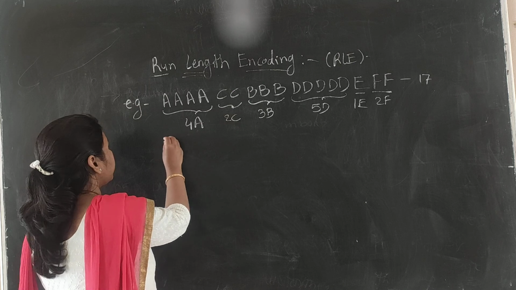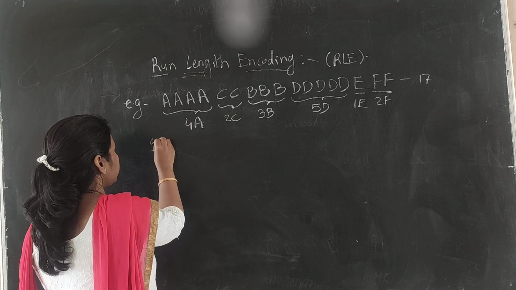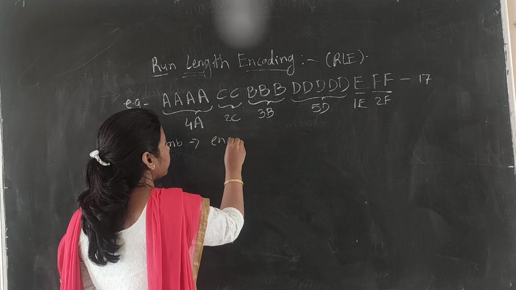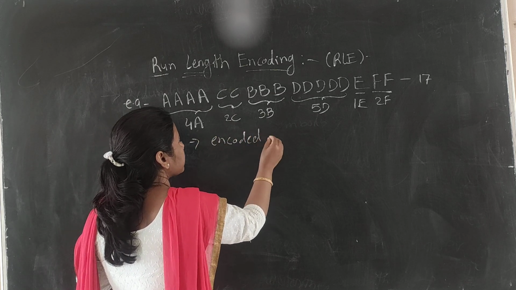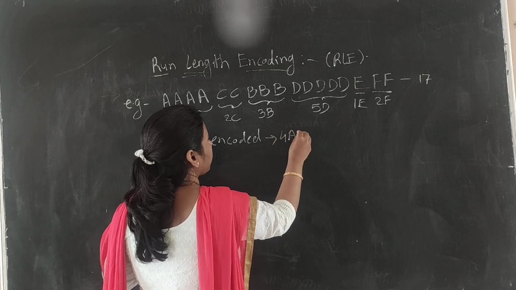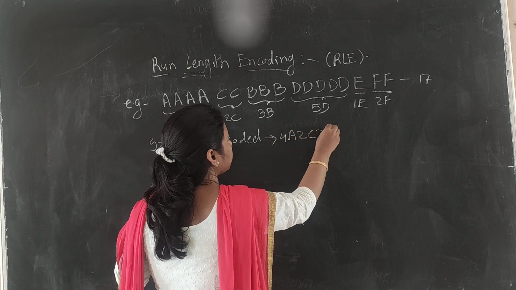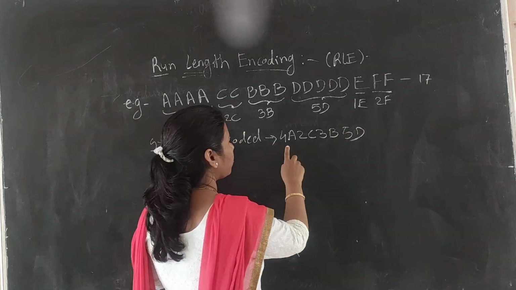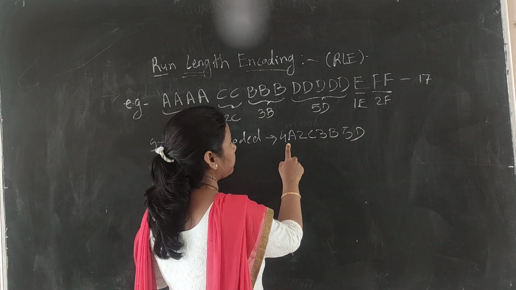But the encoded or compressed data is 4A, 2C, 3B and 5D.